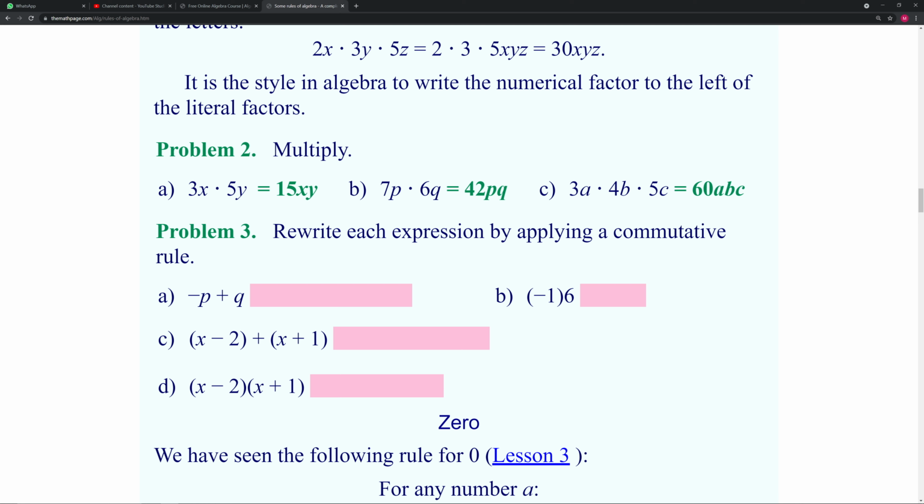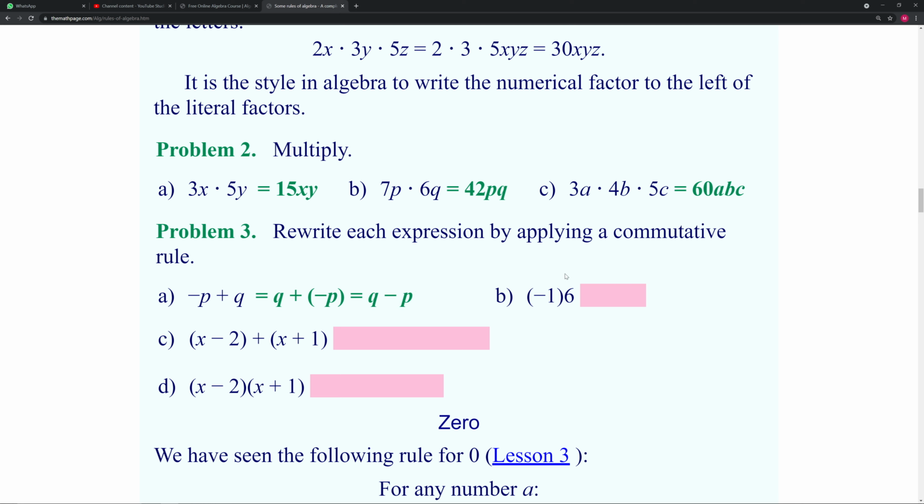So negative p plus q, what we're going to do to this, I'm just going to hover over this, and we can see all we've done is reorder this term with this term to produce q plus negative p. In other words, q plus negative p is the same thing as q minus p.